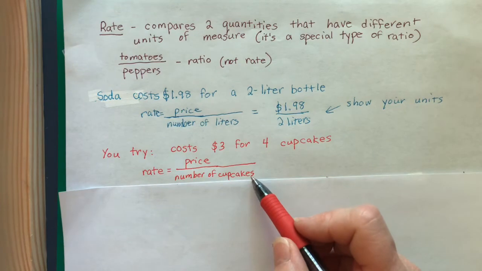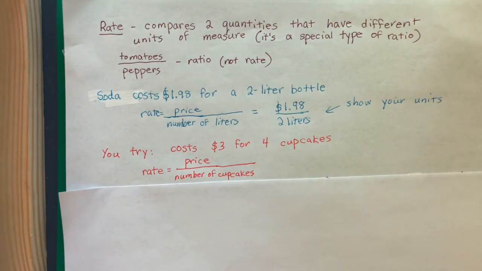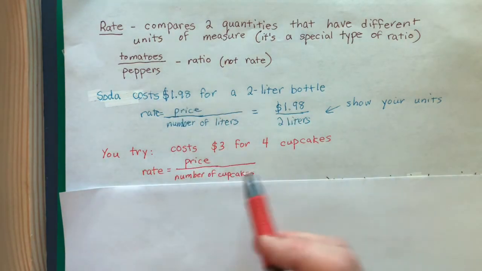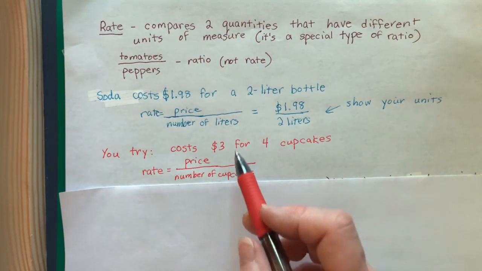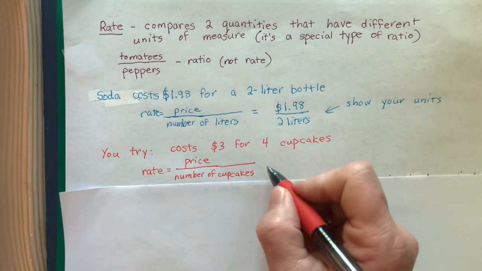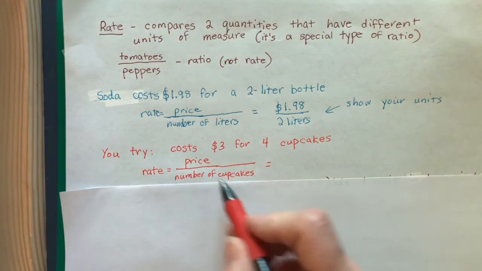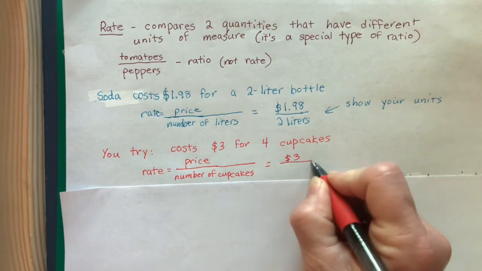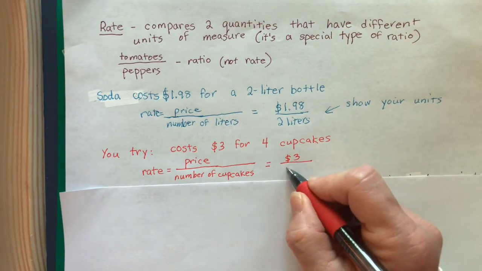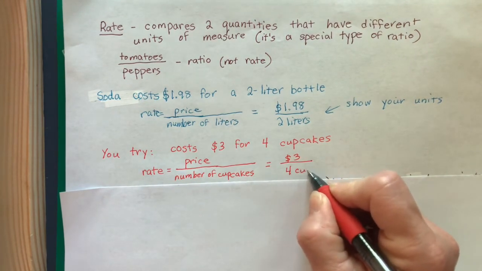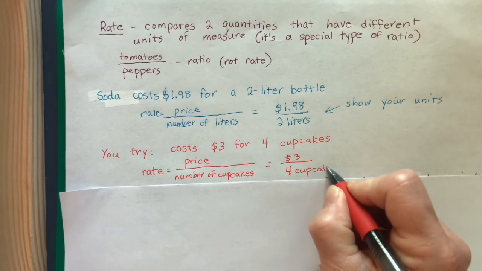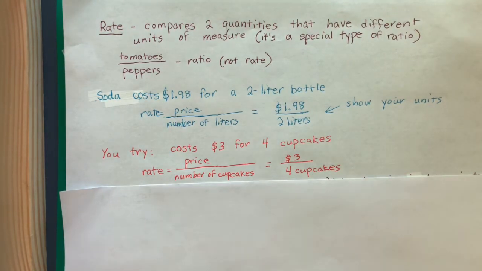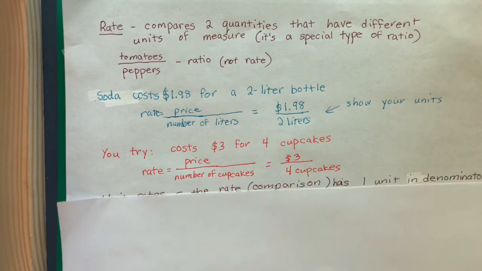This we're going to be counting in numbers. So they're really different types of quantities, different units of measure. So it'll be a rate. So I have $3 over 4 cupcakes. So it's $3 for 4. Did you get that right?